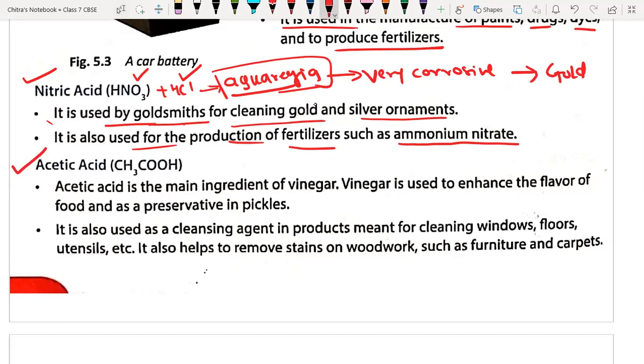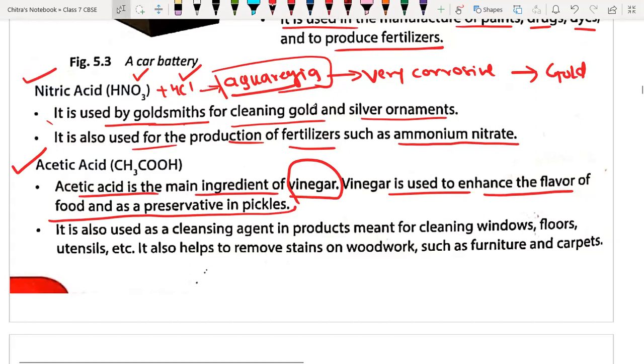Next, the uses of acetic acid. Acetic acid is the main ingredient of vinegar. Vinegar is used to enhance the sour flavor of food, and generally we use it in Chinese food. It is also used as a preservative to preserve pickles.